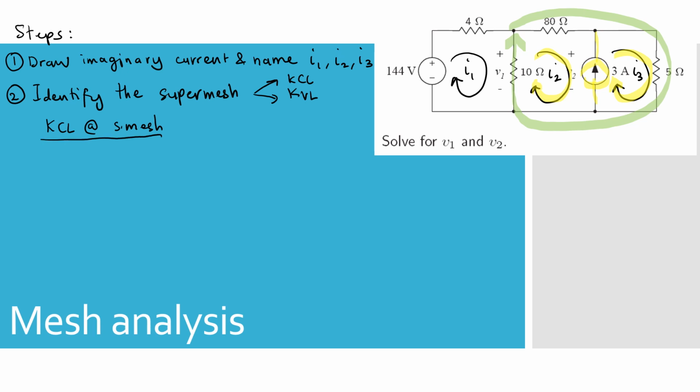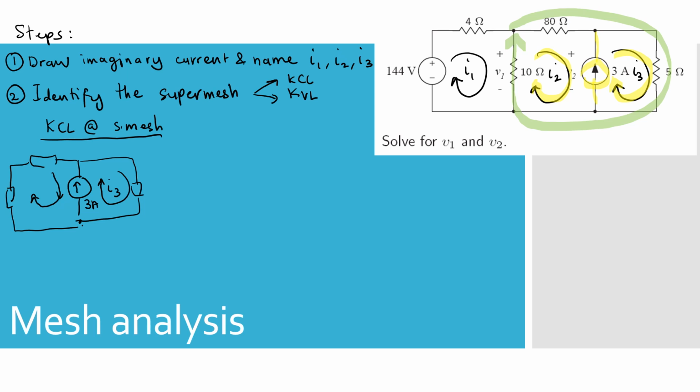So how do we build up KCL at this supermesh? You can draw back the figure. Obviously the I3 is flowing this side, and I2 is flowing this side. The current value is 3 amps.